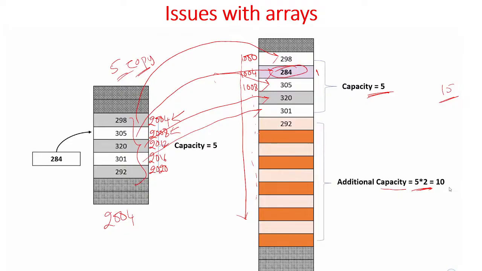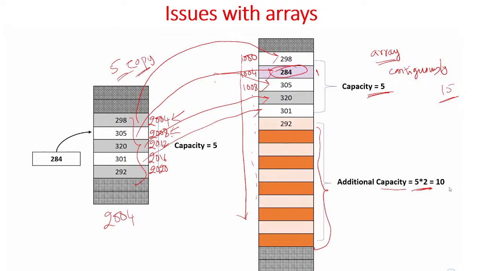Now if you perform one more insert operation, you have enough space here. You can see you have enough extra space available, because the array elements, or the list elements, should be stored contiguously. Yes or no? Contiguously they must be stored. So that's why it acquires this extra space and now runs your program.